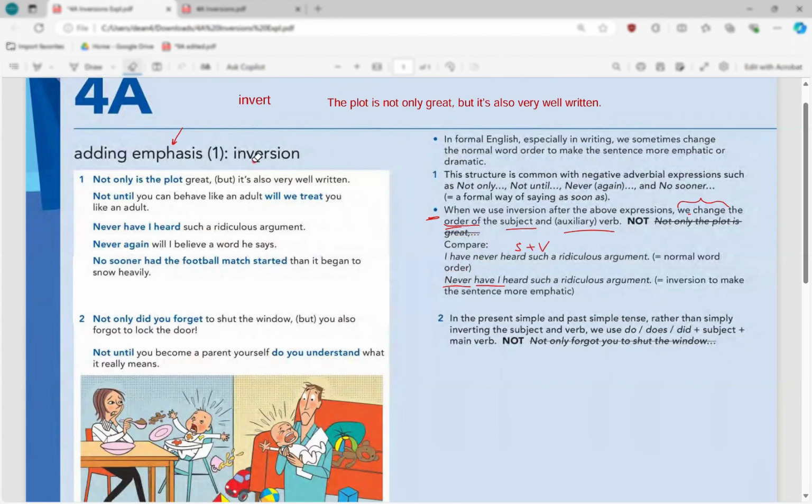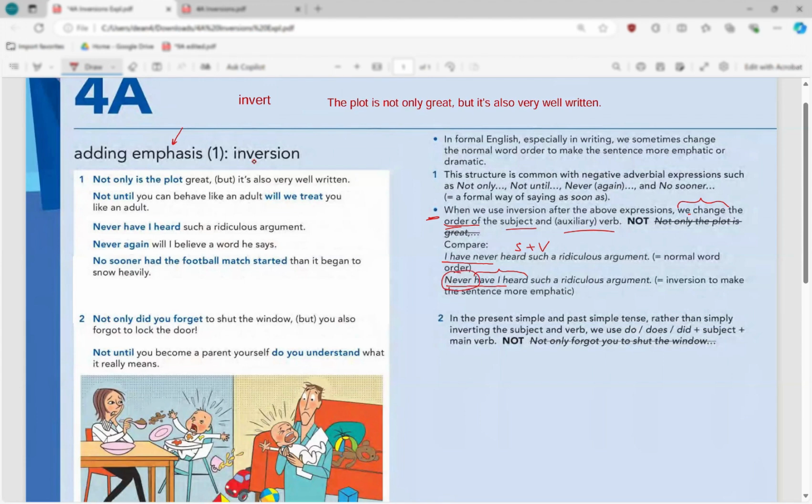I have never becomes never have I. Here's the difference. Never have I heard. This is almost like a question structure, but it's not a question, guys. It's not a question because I can understand from never that it is an inverted sentence.